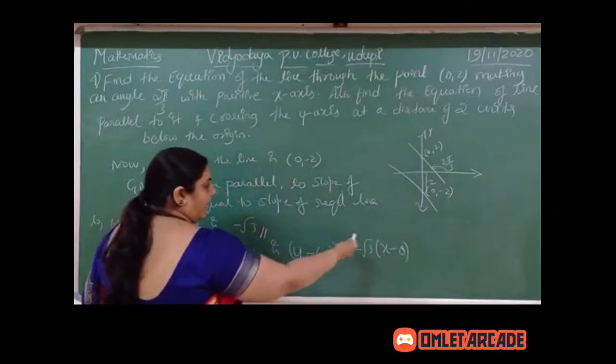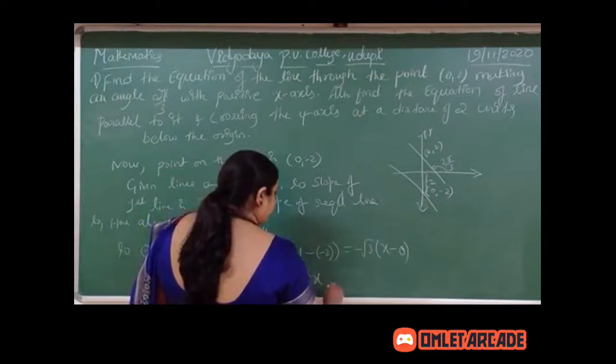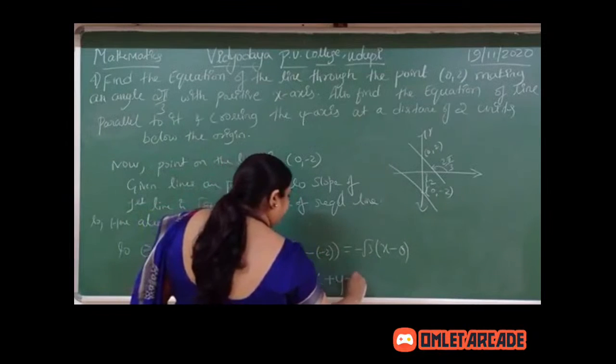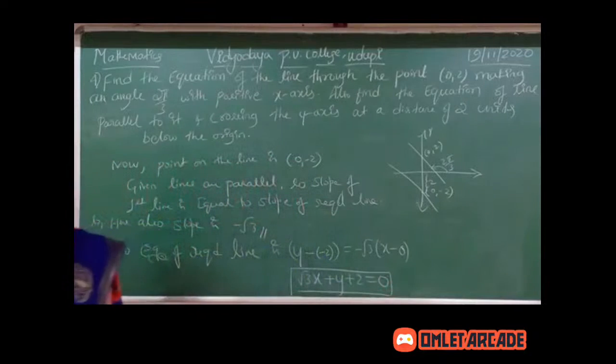So let me substitute the point and slope. Now the equation is root 3 x plus y plus 2 is equal to 0. This is the equation of the second line.